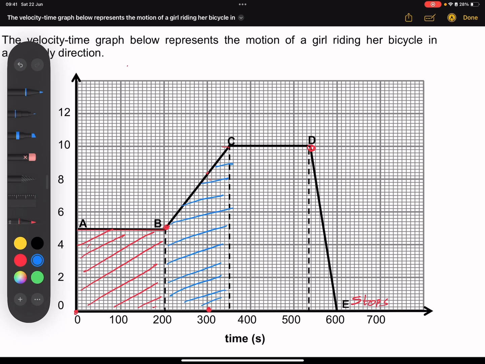What we can do is divide it into a triangle, so this would be our triangle over here, and we've got a rectangle below there. I'm just using different colors so that you can see it.